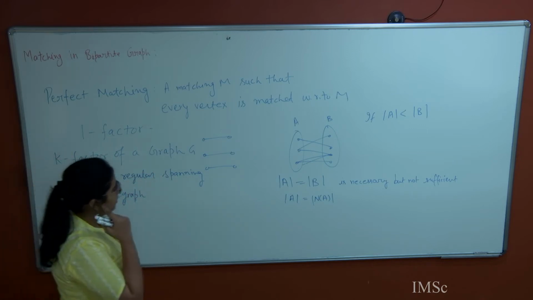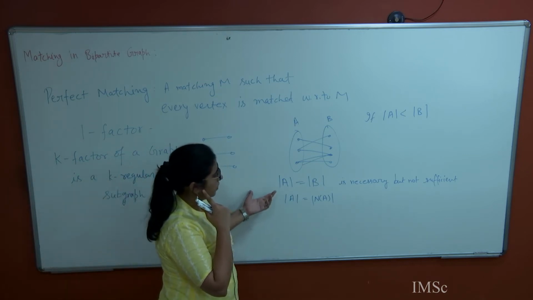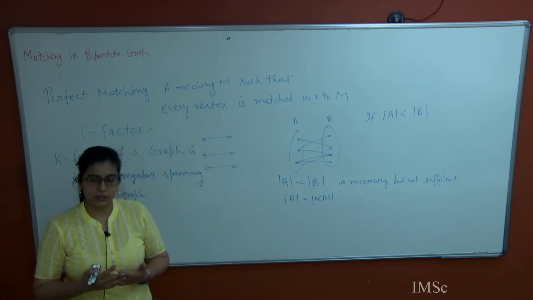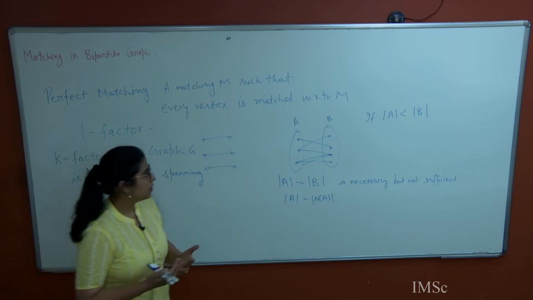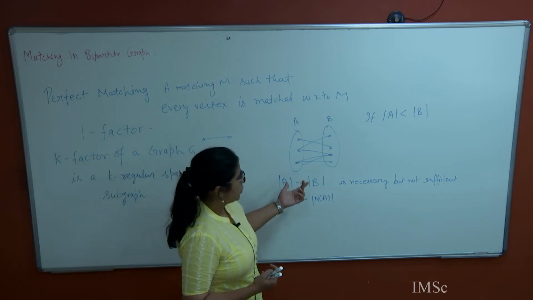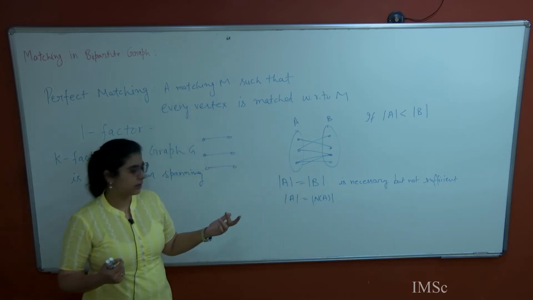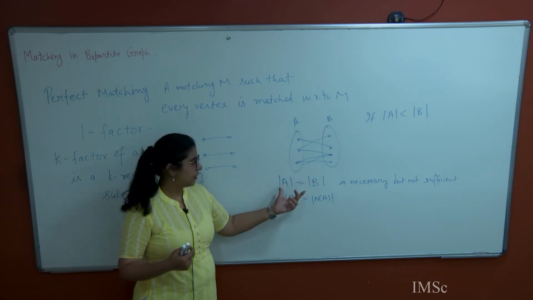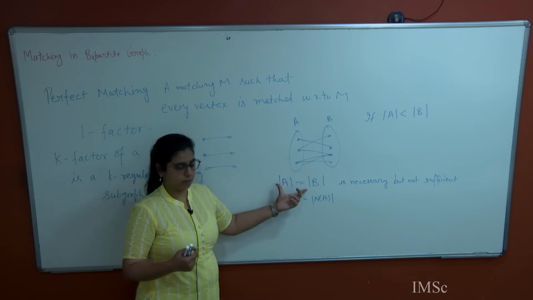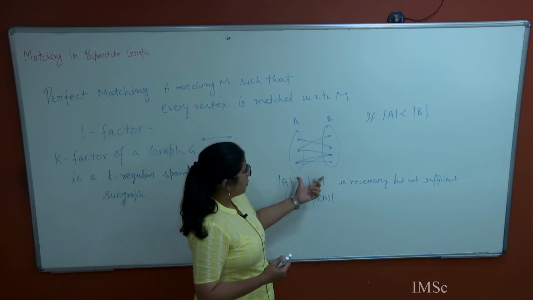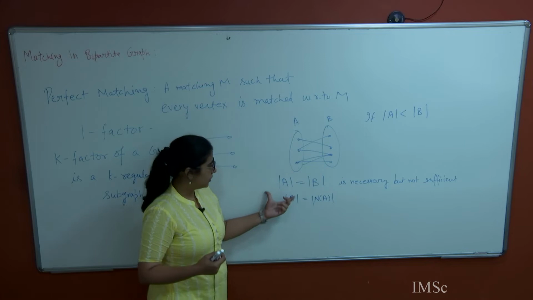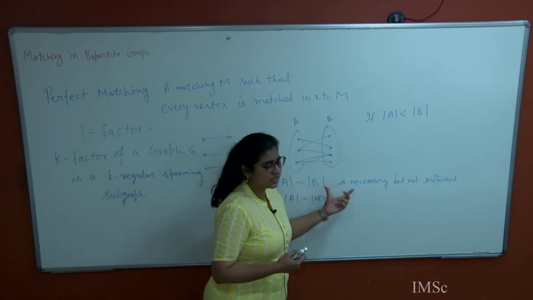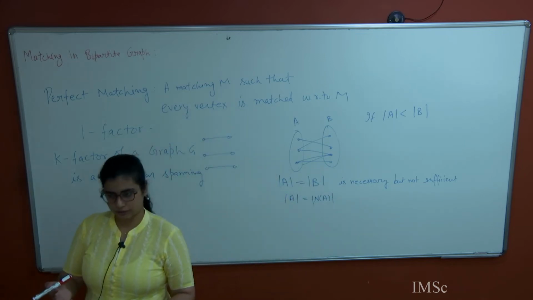Okay. Now we are looking at some necessary conditions for a perfect matching. In bipartite graphs, if you want a perfect matching, then what should be the cardinalities of A and B? They should be the same, right? But this is only a necessary condition, not sufficient.